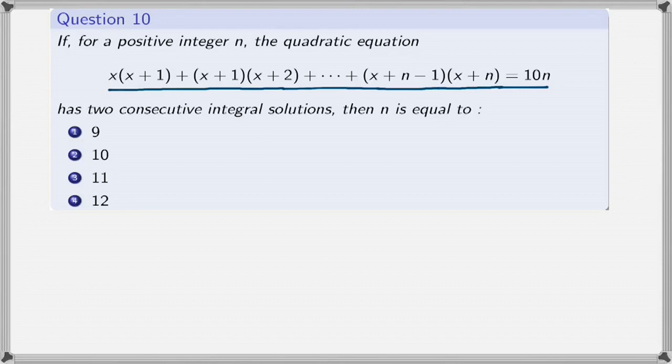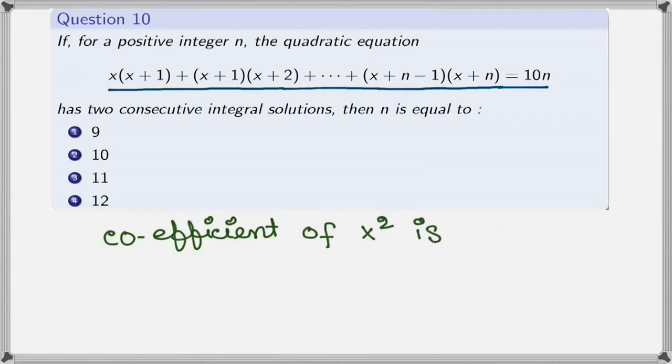So we can see that the coefficient of x square is n. Now we have to find out what is the coefficient of x. For that, let us first split the first summand and we get x square plus x.